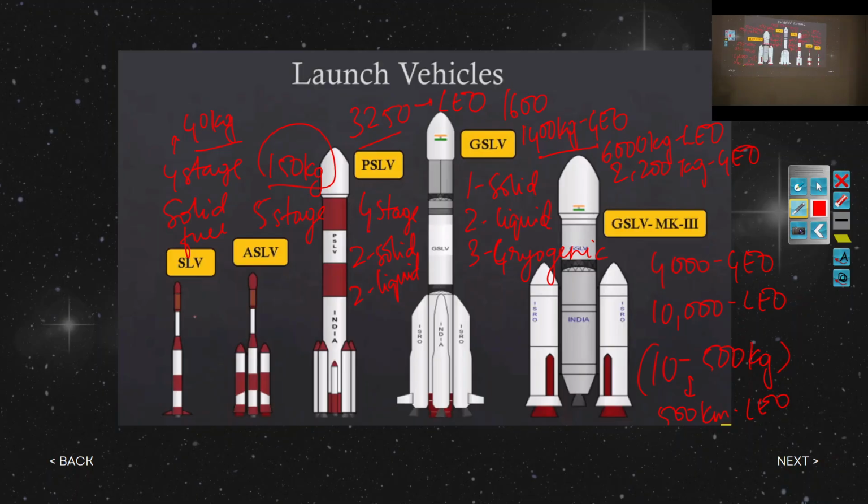For geostationary, it will reduce to around 10,000 kgs.